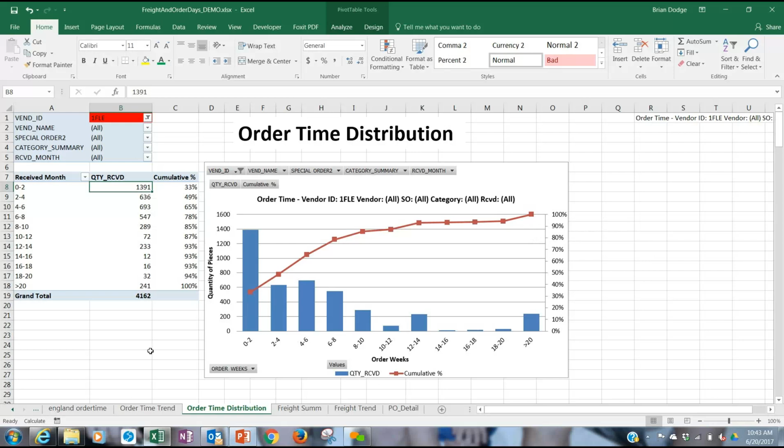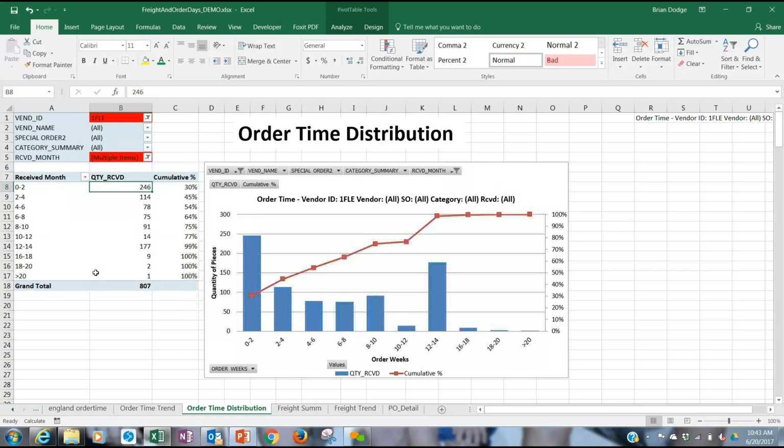Again, this is going back a full year. What you can do instead of going back a full year is look at, in this case, just the last couple of months. Okay, so the distribution may be a little bit different: 77% between 10 and 12 weeks, 99% at the period between 12 and 14 weeks.